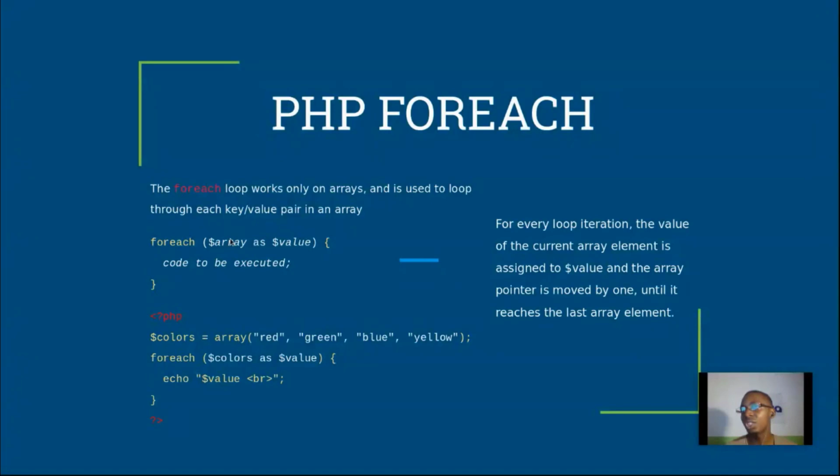The foreach, then you pass in the array name as value. For example, if the array was people, you pass in foreach people as person. So it will loop through each person in the array and do some work on it. You might use this in your assignment because you have to get data from a file and loop through that data.